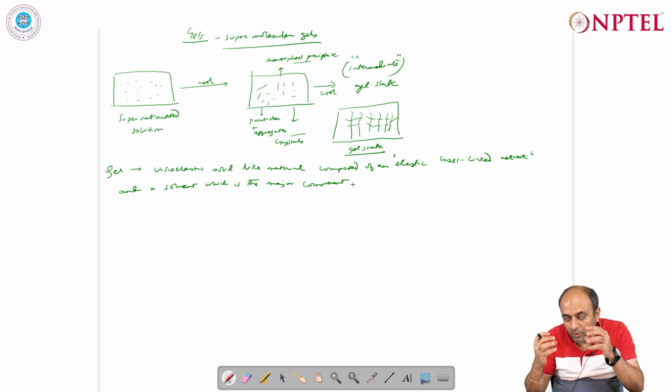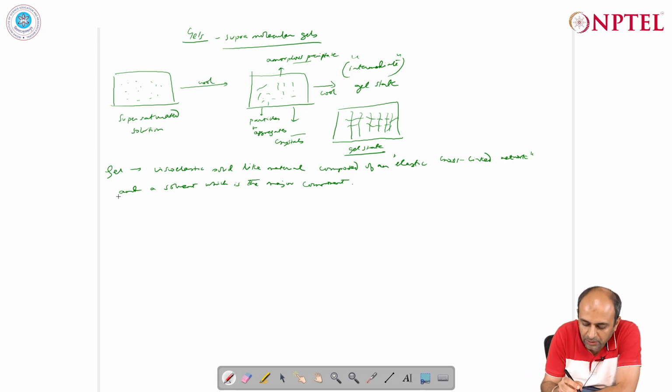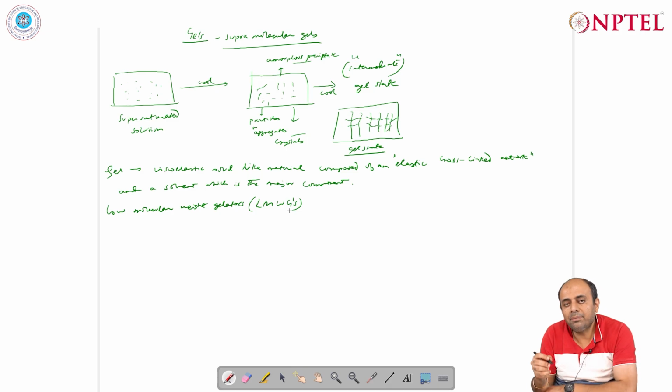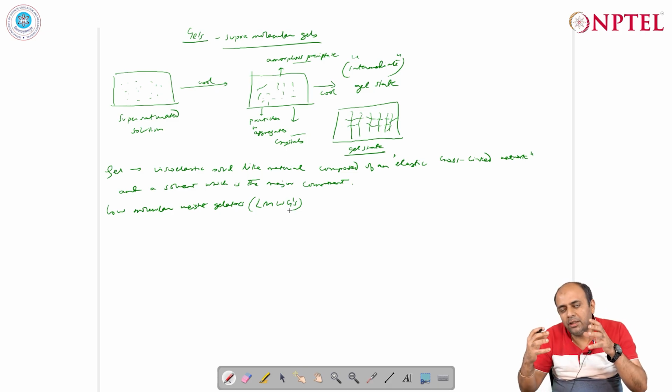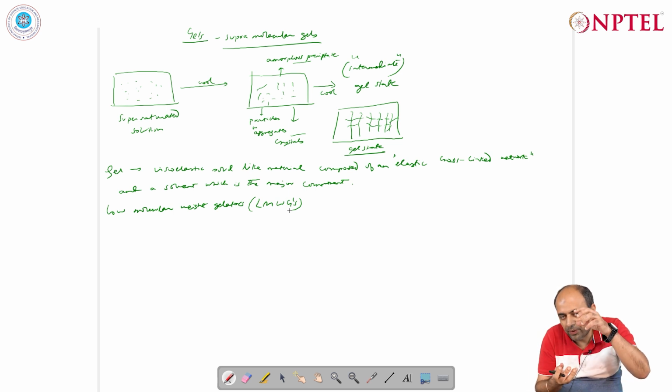In the case of supramolecular gels, we have the low molecular weight gelator substances, which we call LMWGs. What happens in these substances is that they first interact in a supramolecular fashion, say by forming a hydrogen bond assembly, and they grow like a chain.